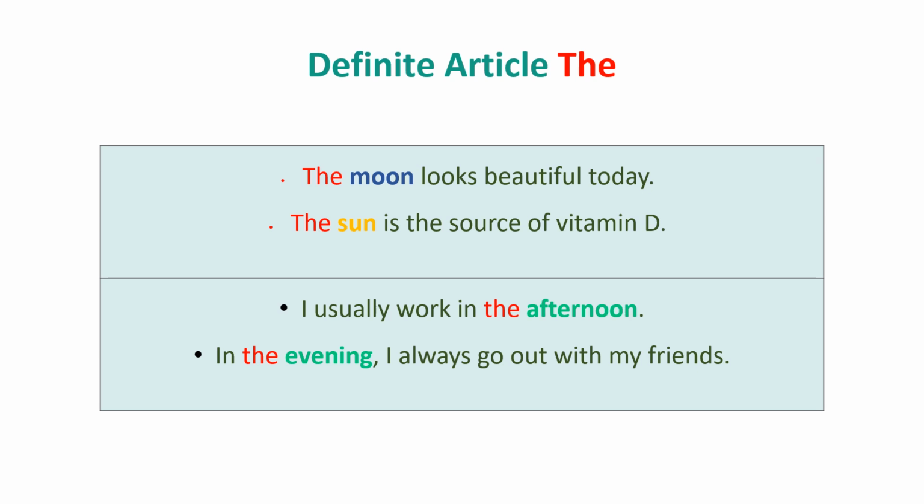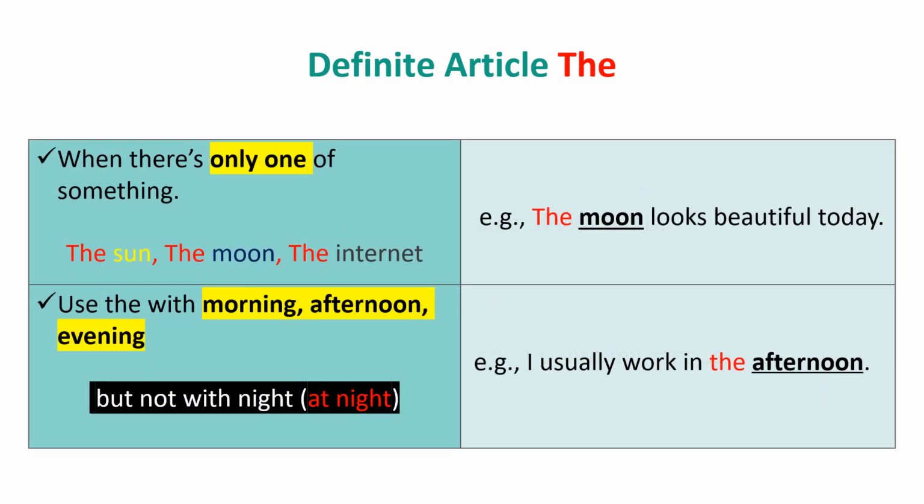Let's have a look at these examples. The moon looks beautiful today. The sun is the source of vitamin D. I usually work in the afternoon. In the evening, I always go out with my friends. We use the definite article the when there is only one of something, like the sun, the moon, and the internet.